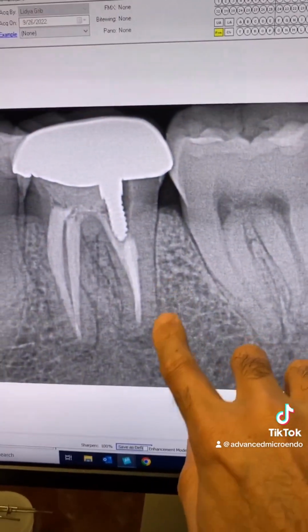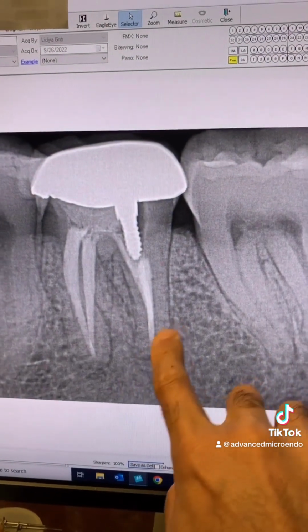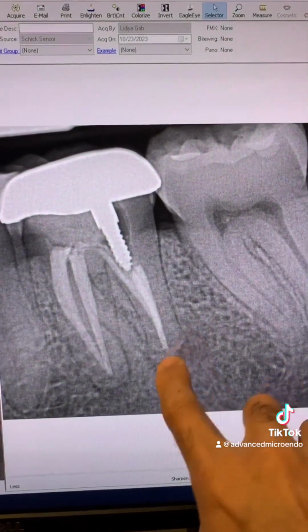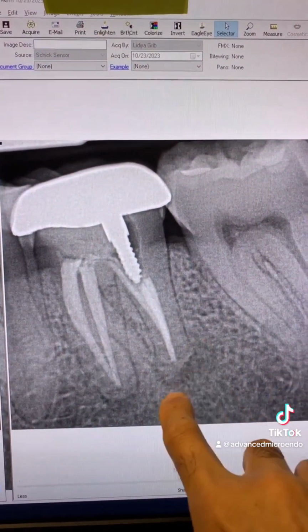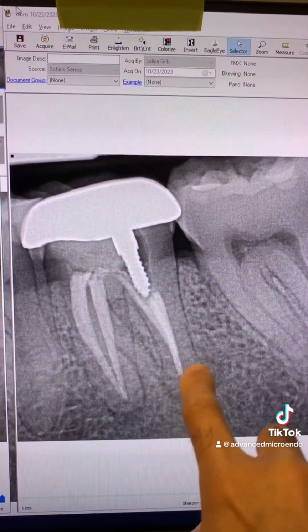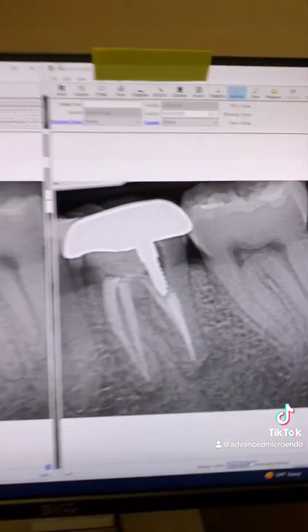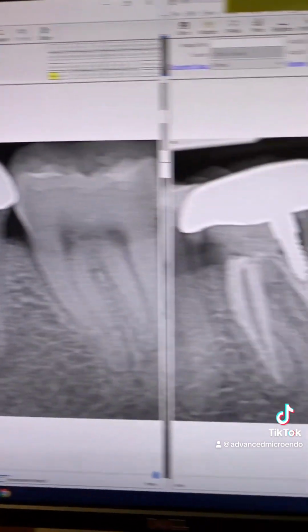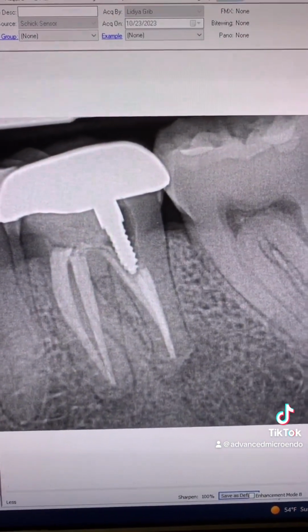Look at this area here, and look at this area. You clearly can see that there's more resorption of the root in the apical area compared to a year ago.